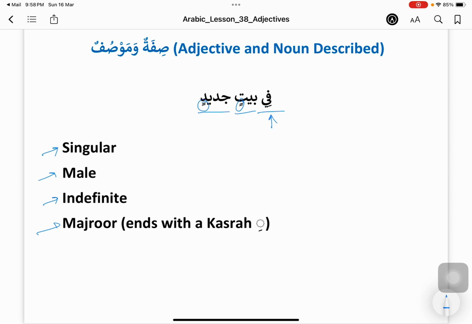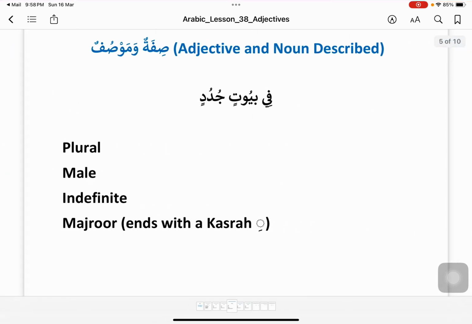Because of this harf jar, it puts kasra on the noun, and similarly the adjective must also have a kasra, majroor. The next example, fi buyutin jududin. So buyutin is plural and judud is the plural of jadid. So we have here plural, male, indefinite, and majroor, so they have a kasra.